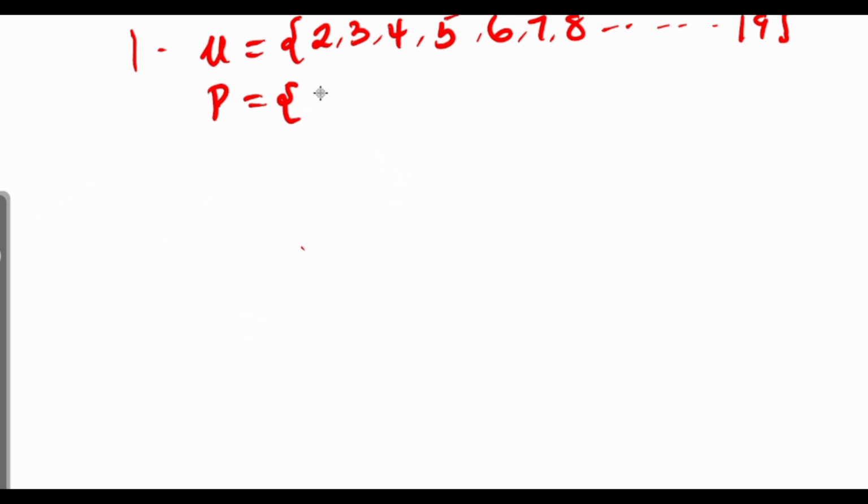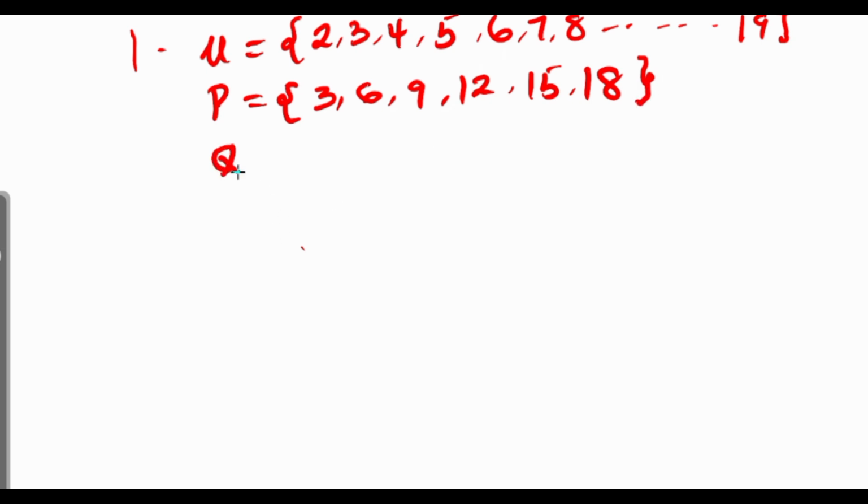So, multiples of 3: we have 3, 6, 9, 12, 15, 18, and that is all.